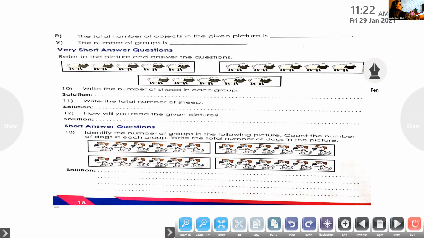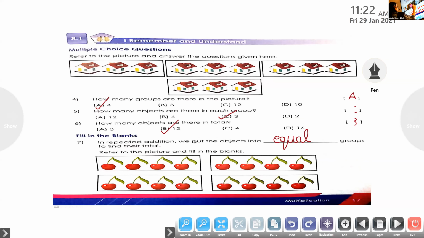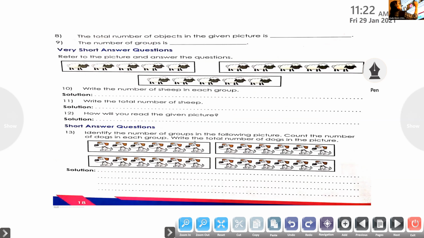The picture is in the previous page, the apples. How many apples are there in total, Srived? 16. Yes. So that is the answer to be written over there. The total number of objects in the given picture is 16. Okay.